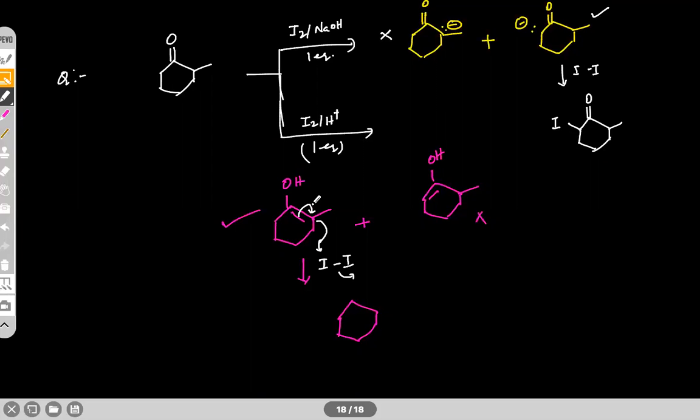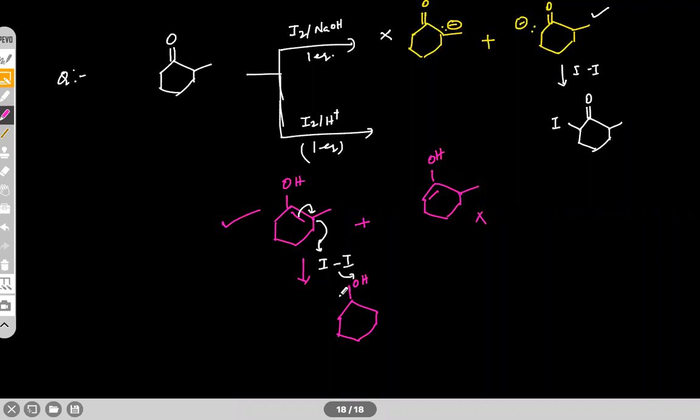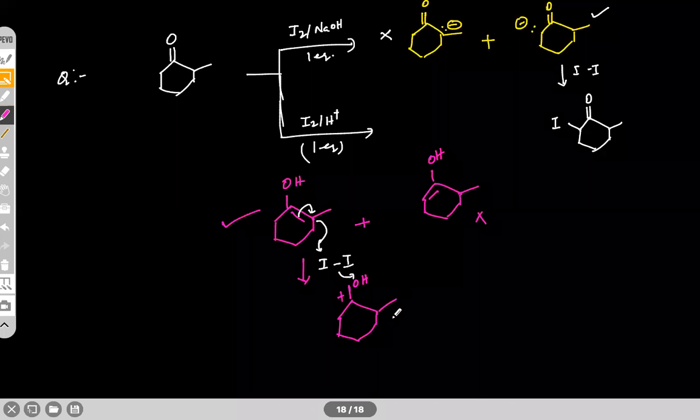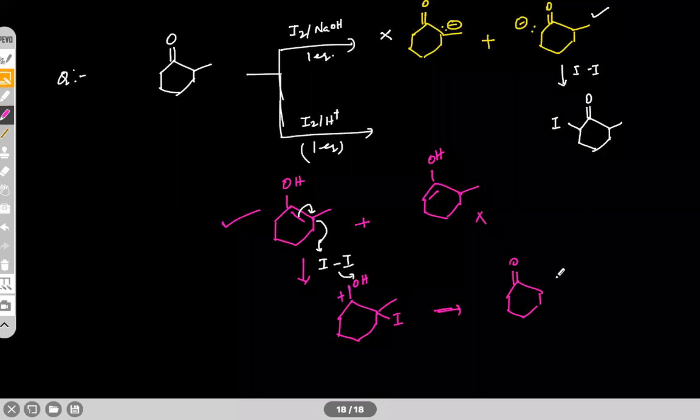Correct. So this comes over here. We'll get a positive charge here. So here we have OH positive, one methyl, one iodine, and then finally what happens? H plus comes out, double bond O will get on the top, and the molecule is this. Any doubt in this too?